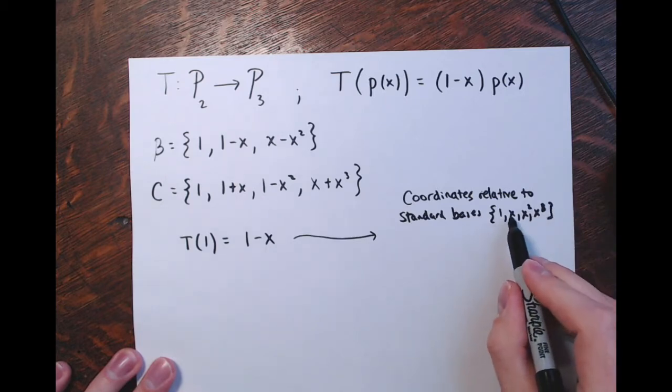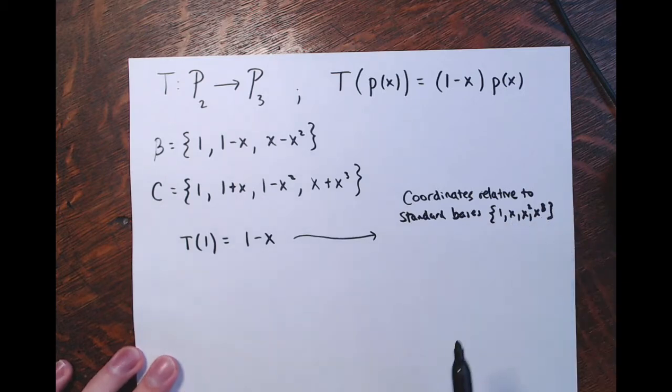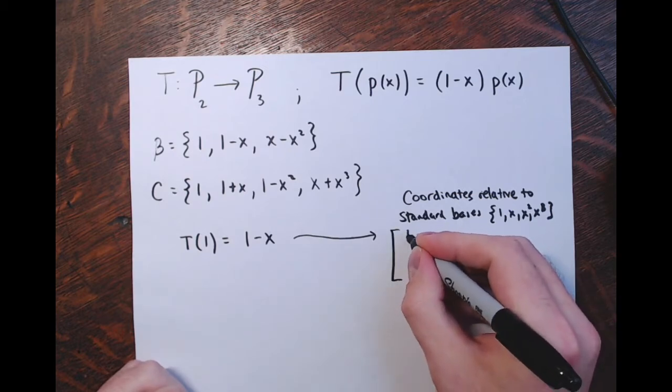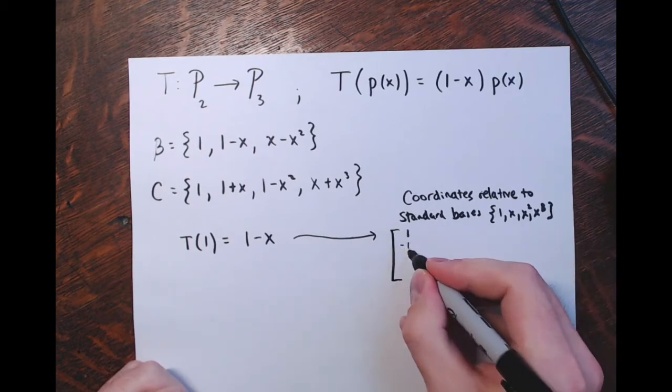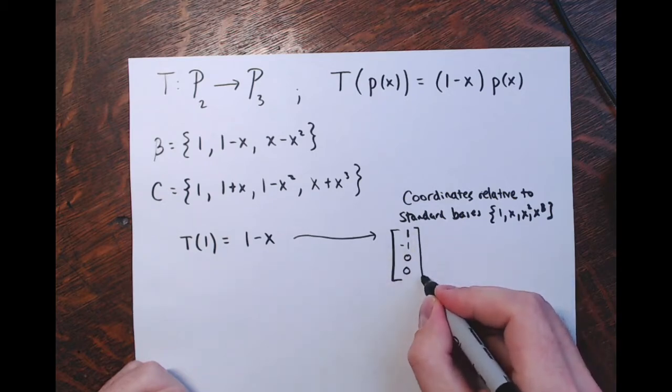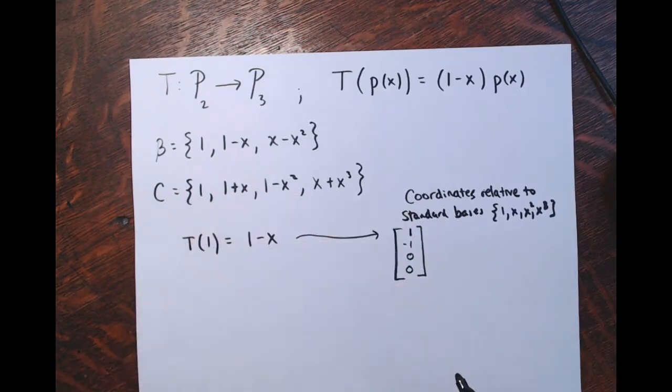That's the standard basis for P3, polynomials of degree 3 or less. So 1 minus x would be 1 times 1, negative 1 times x, 0 times x squared, 0 times x cubed. So this will be a column I write in my augmented matrix.